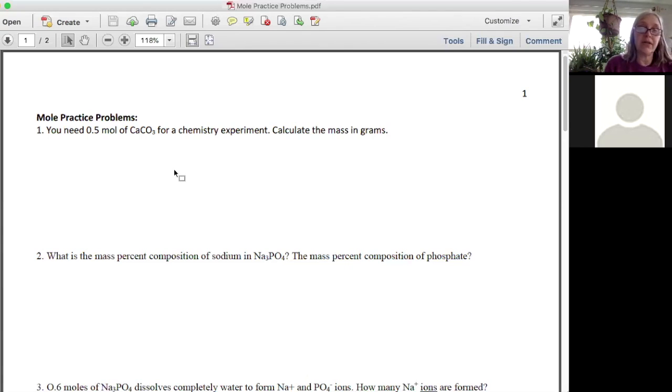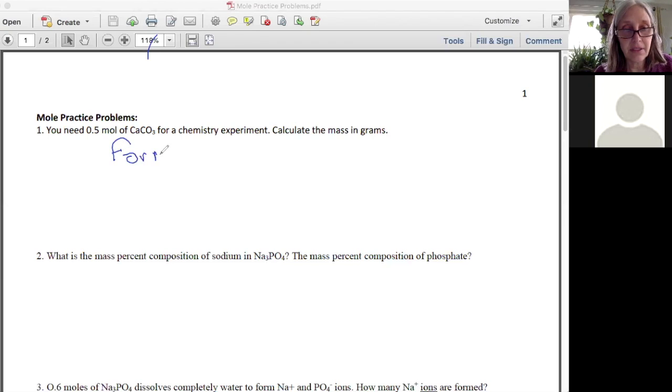To calculate the mass, first of all, we need the formula mass. I'm not going to go back and forth to the periodic table, but hopefully you have it in front of you. Calcium has a mass of 40 grams per mole, and there's one of them.